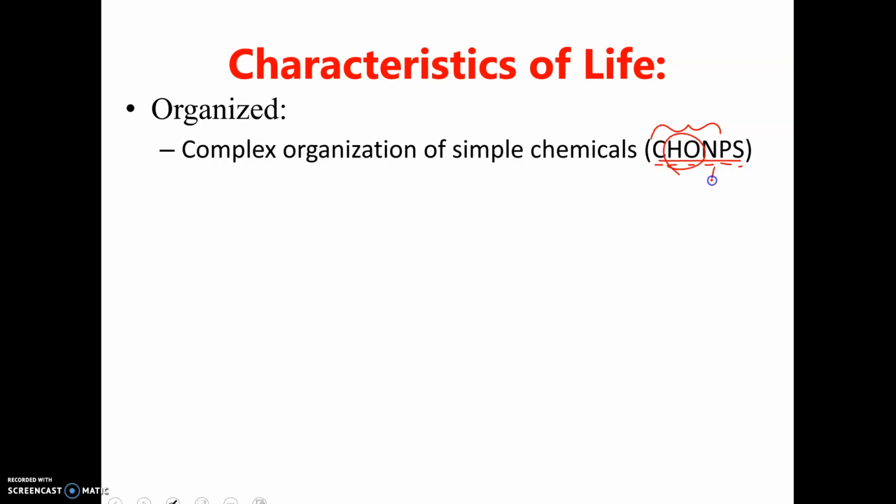Well, water is H2O, so we're made out of quite a bit of hydrogen and oxygen. And proteins and carbohydrates and fats all contain carbon and hydrogen and oxygen. So we're made out of very simple elements, but they're organized in a very complicated way. No one in a lab has ever been able to just build a human with a pile of carbon and hydrogen and oxygen. We're too complicated.